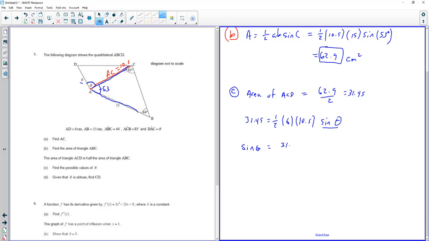You'll have to put this all in the calculator, of course. This is going to be 1/2 times 6 times 10.5.